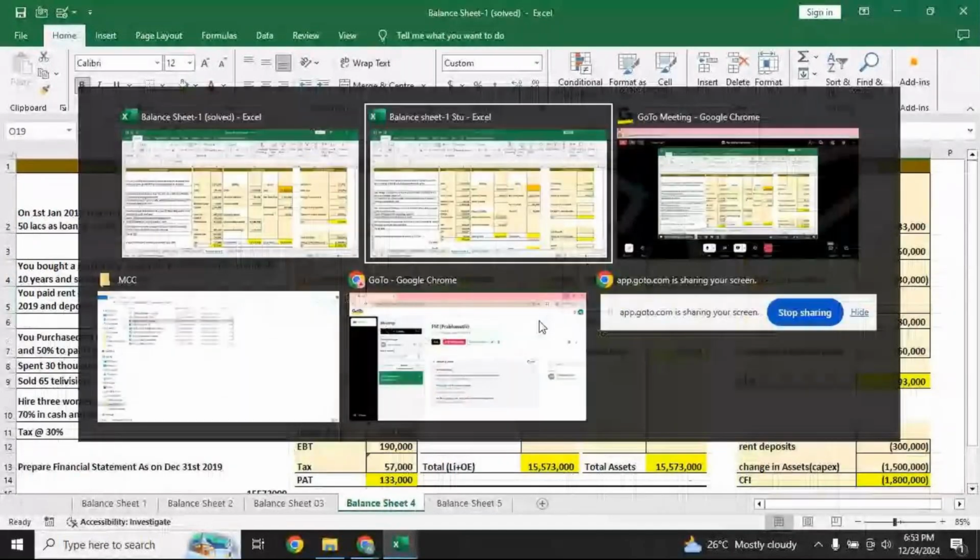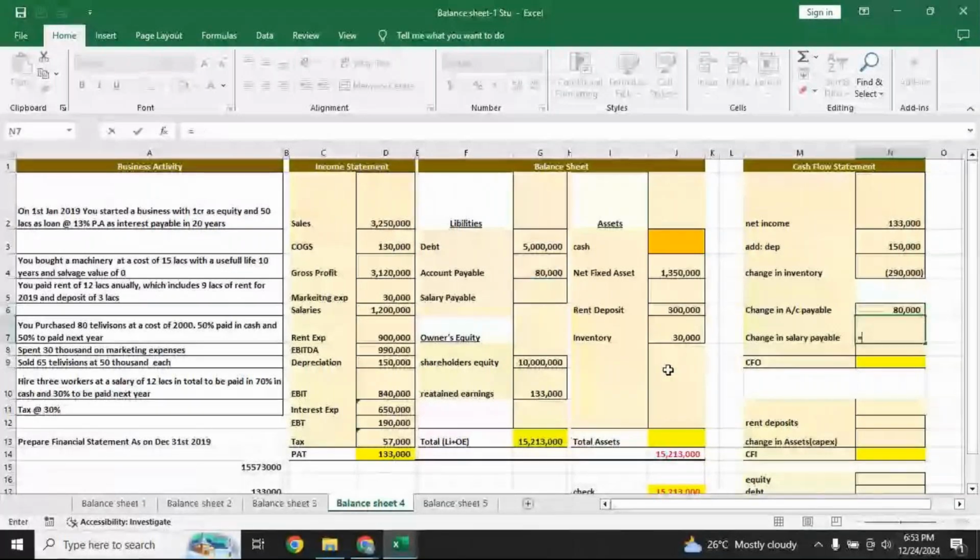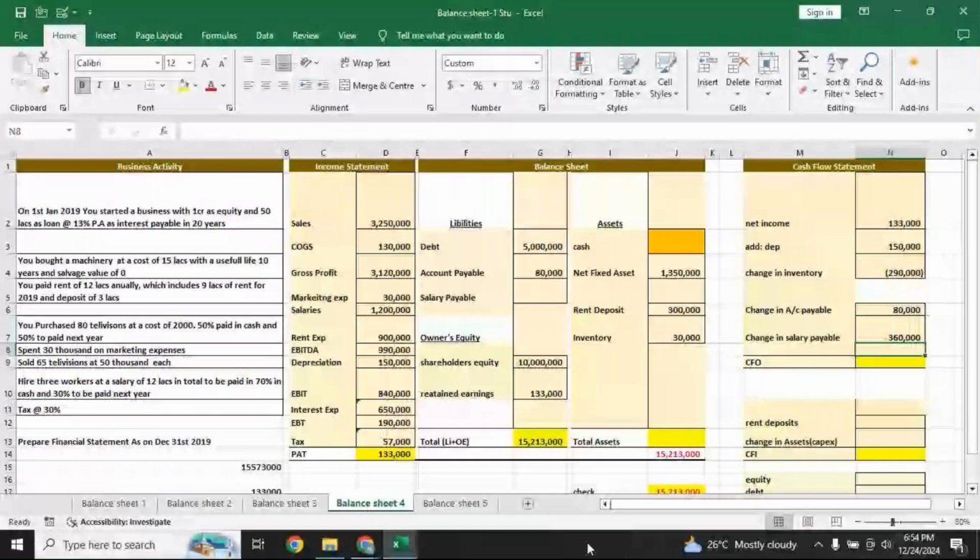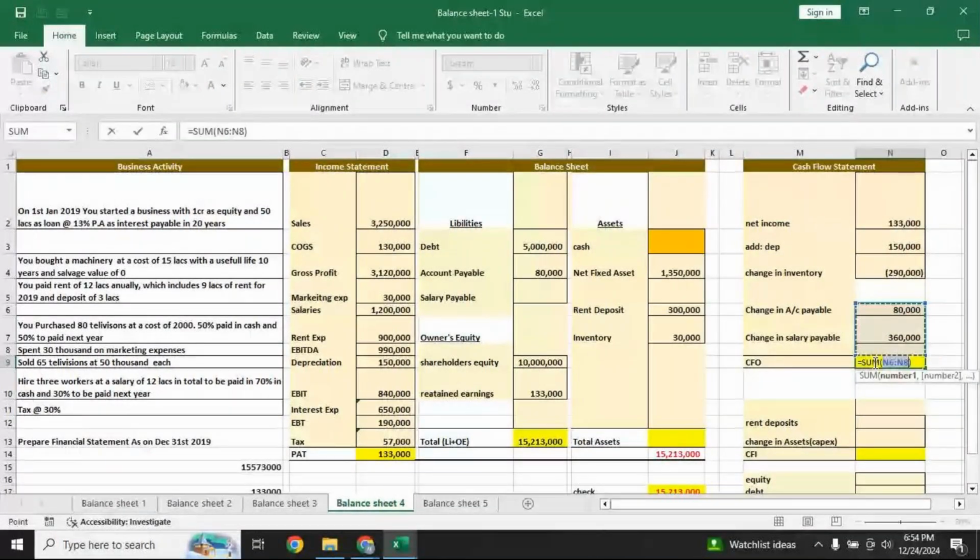Salary payable will be, so 9 lakh salary payable. 70% we have paid, so 12 lakh into 30%. So CFO will be all equals rent deposit.